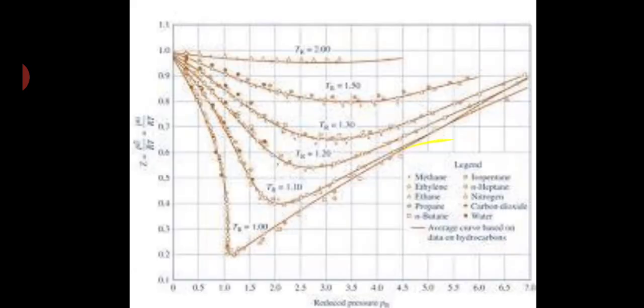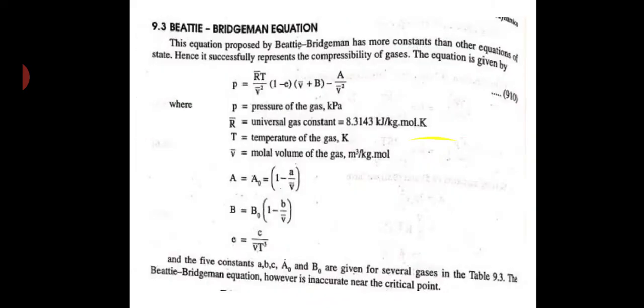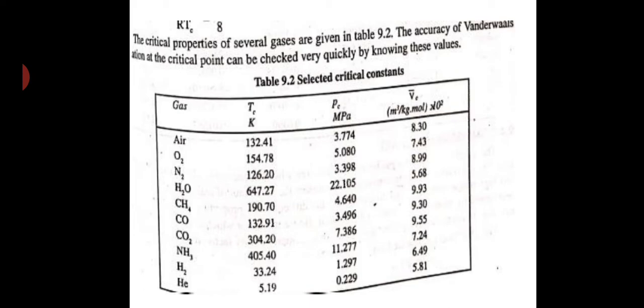Now this is the table for critical constants. You can see nitrogen in the third row.